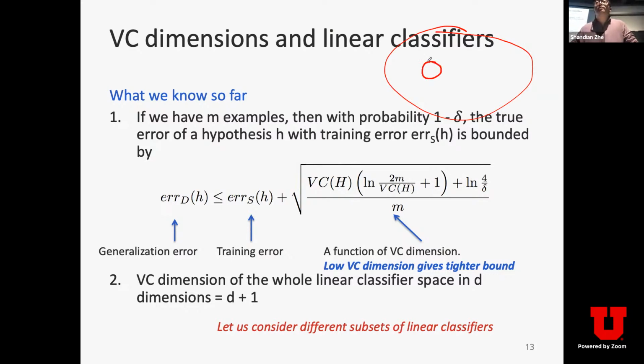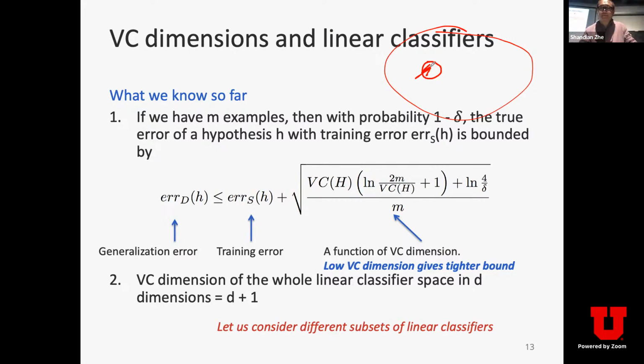If I can do that, intuitively I reduce the VC dimension, because the VC dimension for a subset of linear classifiers could be different from the VC dimension for all possible linear classifiers.